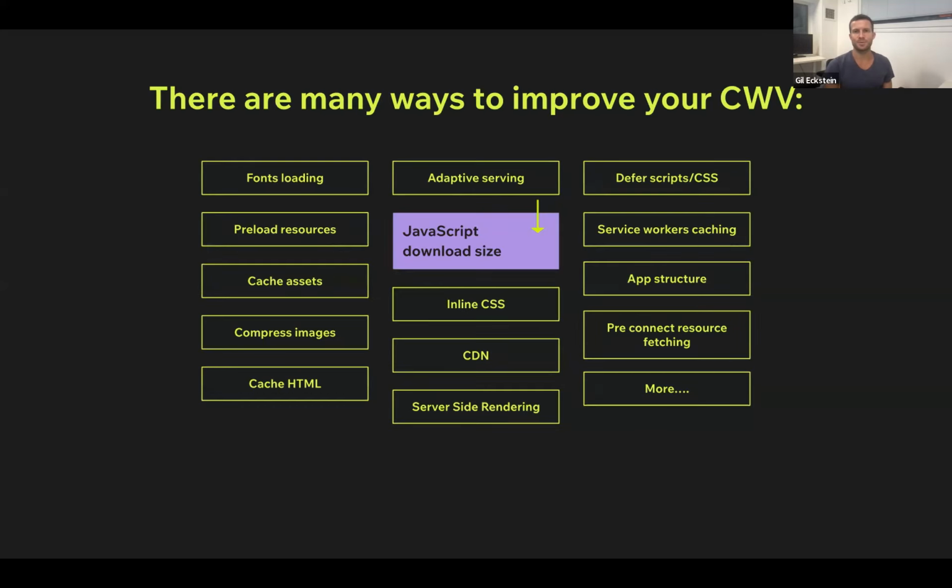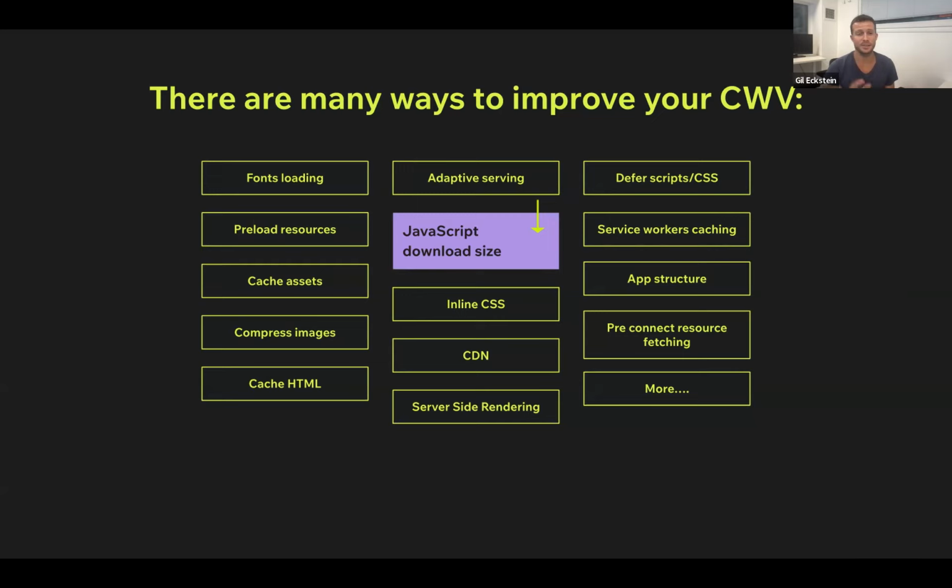So there are many ways to improve user experience and also core vitals. There are actually a lot of things you can do, and unfortunately, I don't have enough time to talk about all of them. So I chose in this talk to talk about the thing with the most impact.